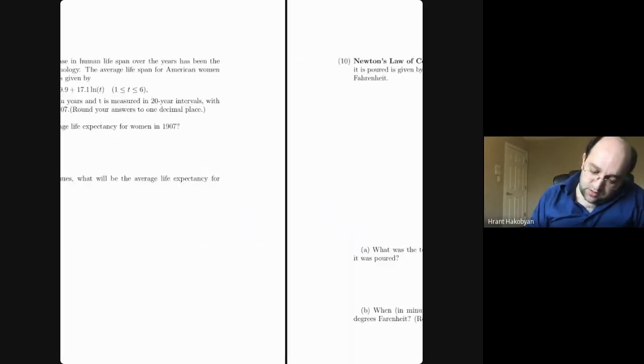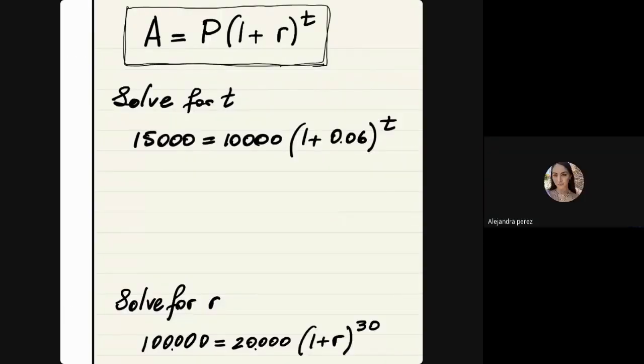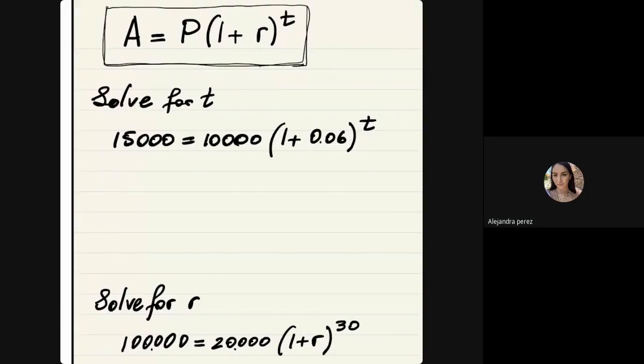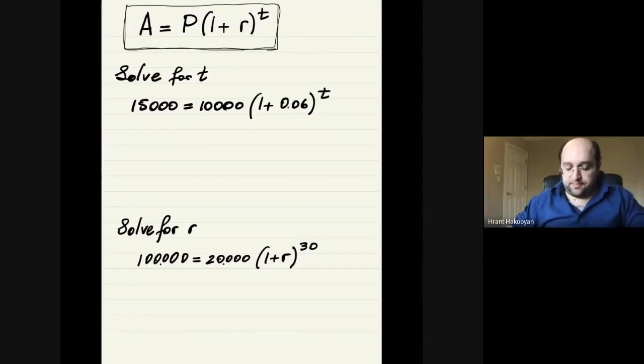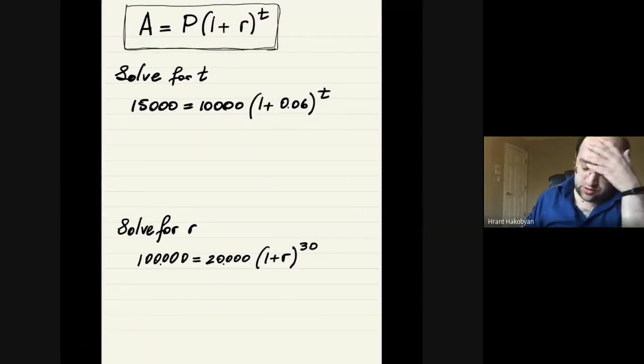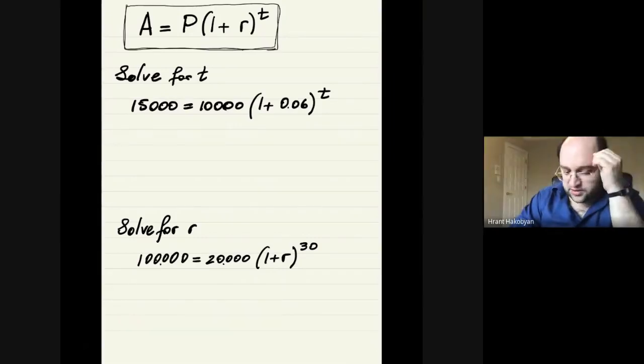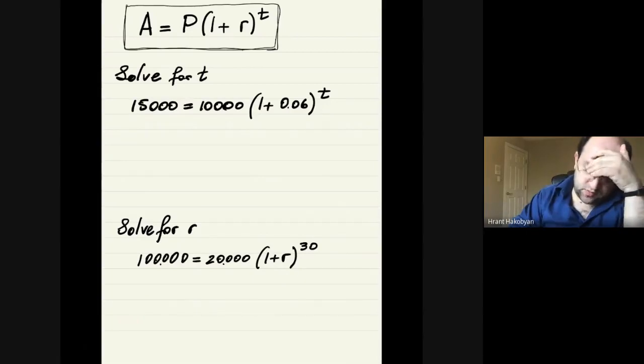Okay, so let me do just this one problem and we'll be done with it, okay? So see, this is a problem that you see in compound interest. So it says 15,000 equals 10,000 times (1 plus 0.06) to the power t.